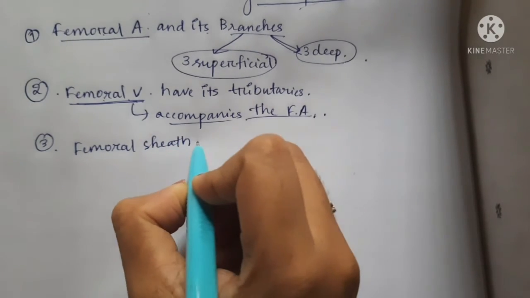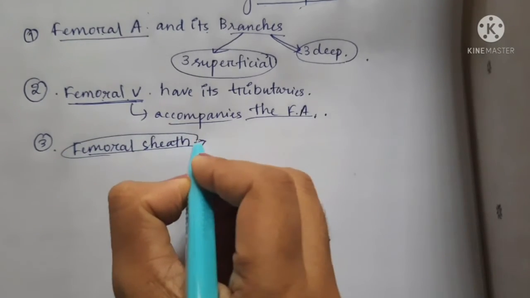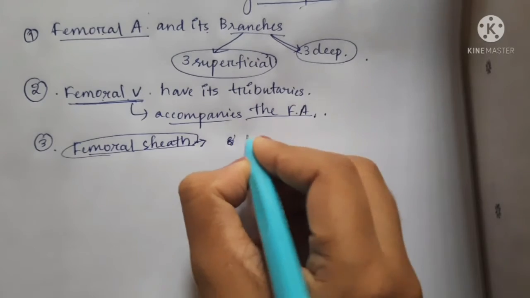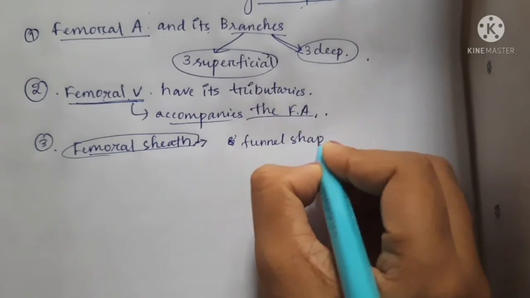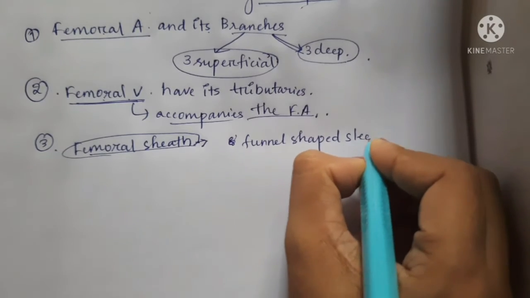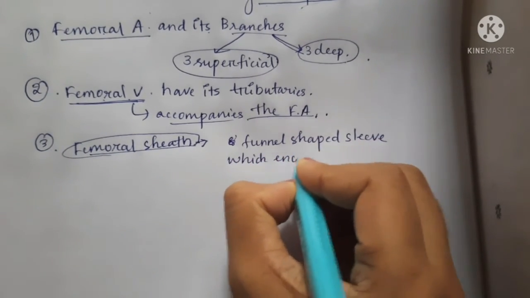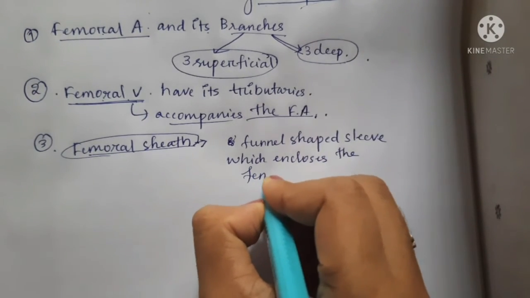Femoral sheath. What is femoral sheath? It is a funnel shaped sleeve, which encloses the femoral vessels.